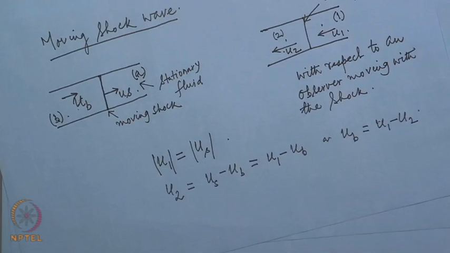Now, the static densities, pressures and temperatures on either side of the shock are of course not affected by this transformation. The shock jump relations for these quantities, that is density, pressure and temperature, remain the same as we have obtained earlier.